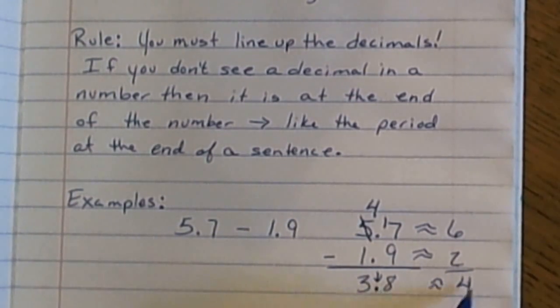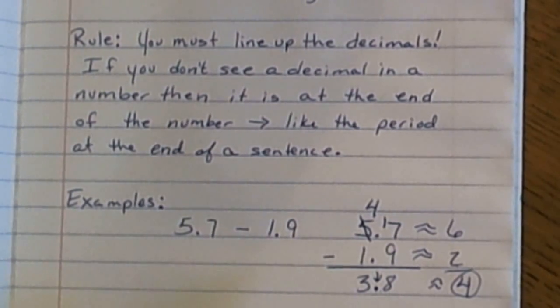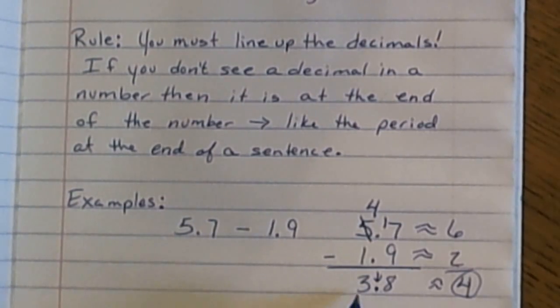So 3.8 is about 4, and we would know that our answer is close by giving us an estimate of 4. 3.8 is close to our estimate of 4, which would be much closer than if we had gotten 38 or 0.38 or something else. That's very important.